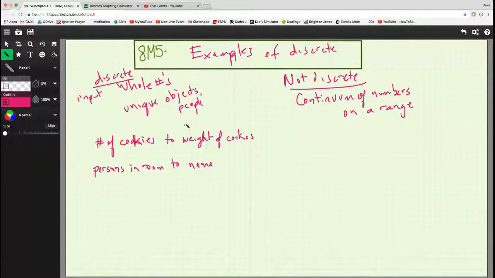And these are your outputs, right? When I say to, this is your inputs, and this is your outputs. So the persons in the room to the name of person.